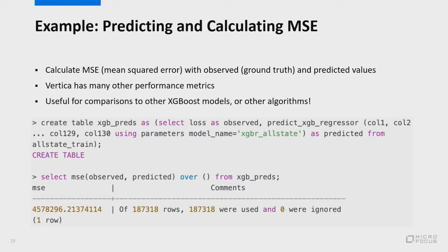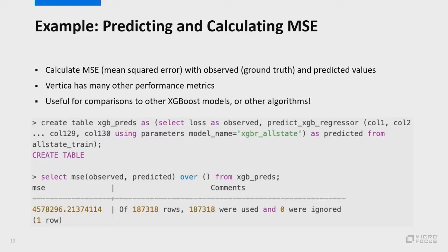So here's a little more in-depth example. Let's say you have a model or models and you predicted on it, that's great. But you also probably want to know, how good is your model? Is it actually making good predictions, or maybe do you need better data, or do you need to update your parameters? So in this case, the first function call creates a new table.